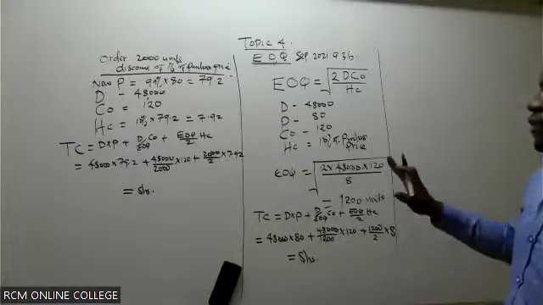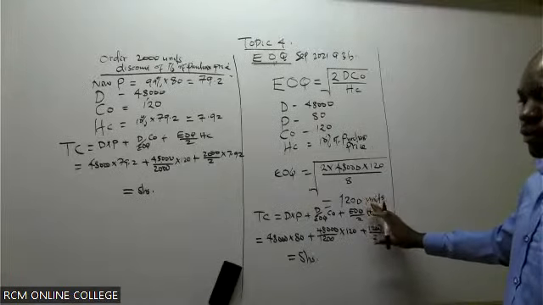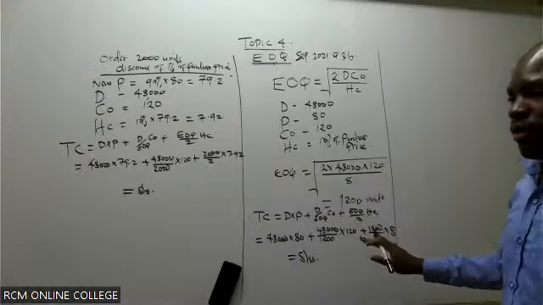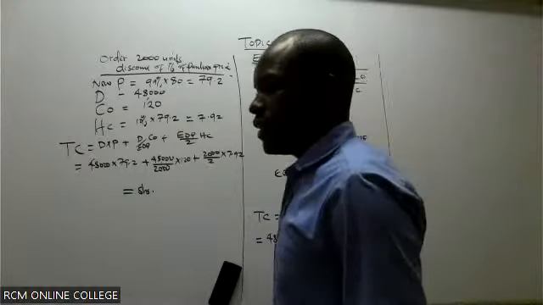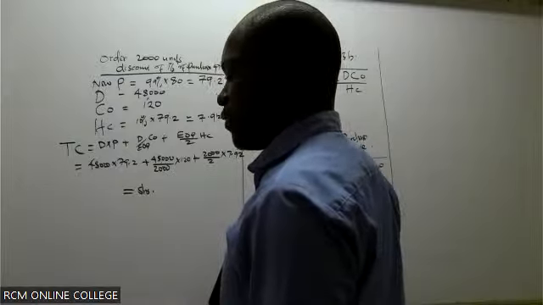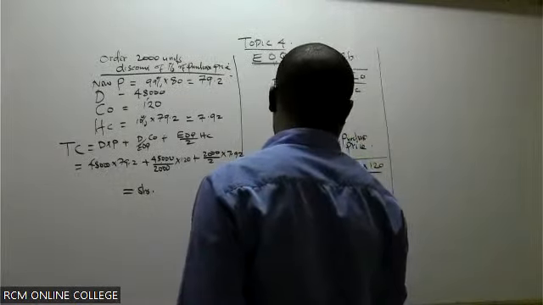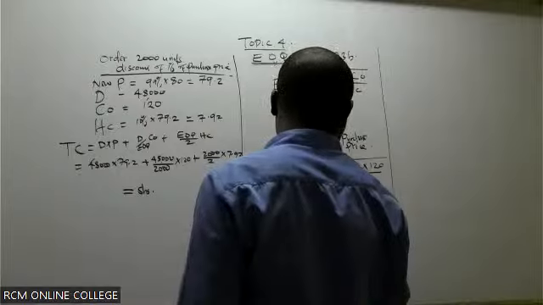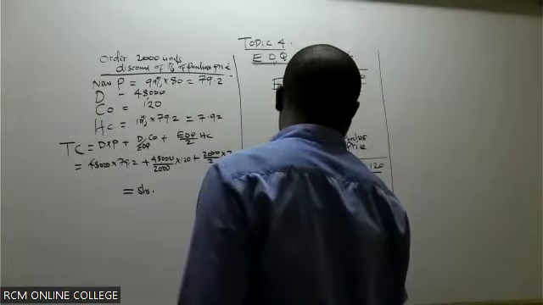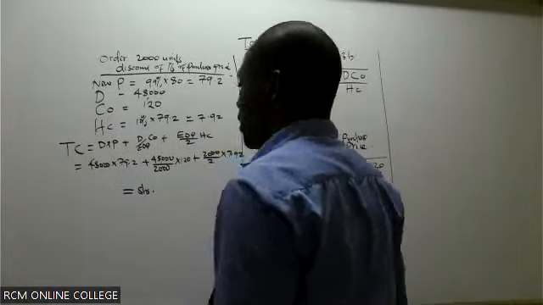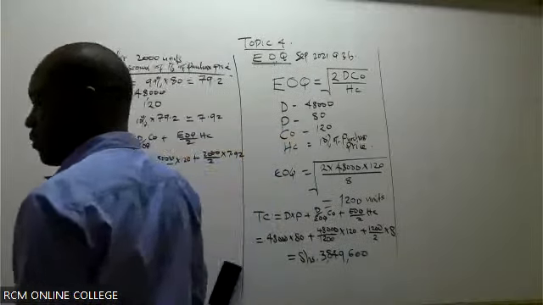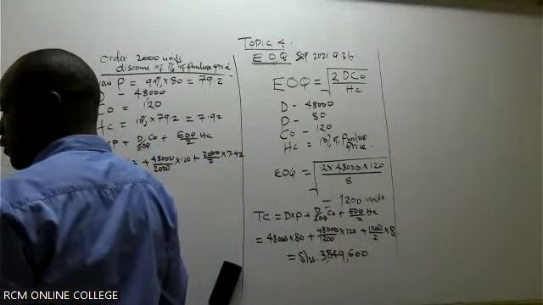So what are you getting for the first one here? The first one, Eunice is giving us 3,849,600. Then for the second one, I'm being told we are getting 3,840.